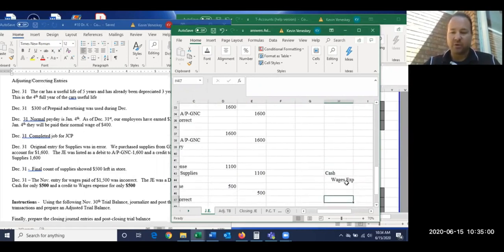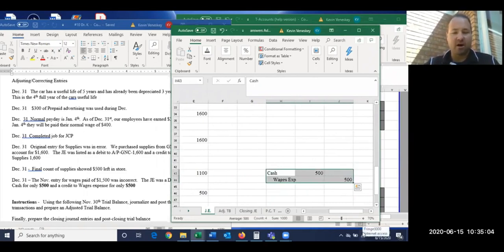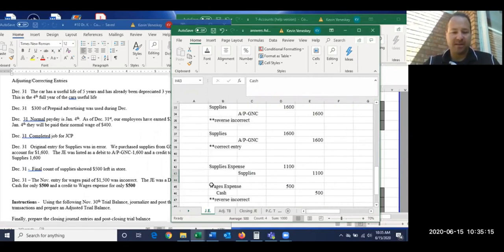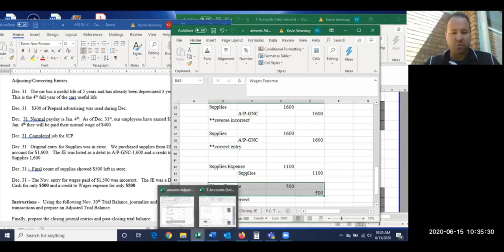So the first thing we got to do is simply reverse this. On our scrap piece of paper out to the side, we need to do a reverse. So we're simply going to debit our wage expense and credit the cash. And that's what I did here in my real entries. Debit the wage expense and credit cash. So I need to put that into my journal or my T accounts as well.